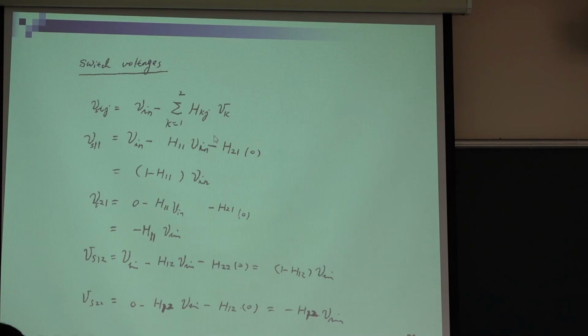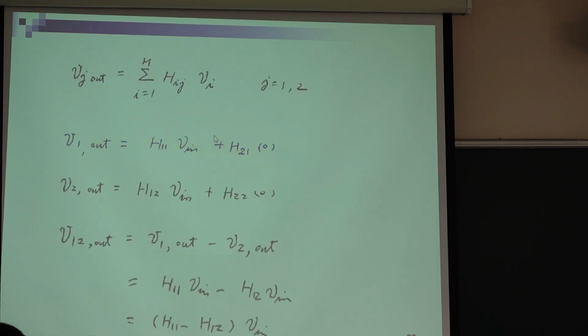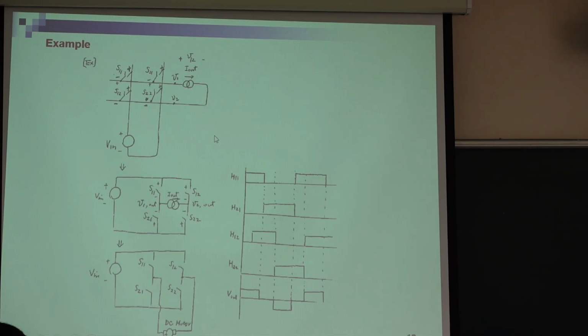So how about the voltage across the switch? So first we want to show the first switch, VS11. So what is VS11? So we can go back here. What is VS11? Here, plus here. So Vin minus V1, right? So V1 is here, Vin is here. So the voltage across S11 is equal to Vin minus V1.